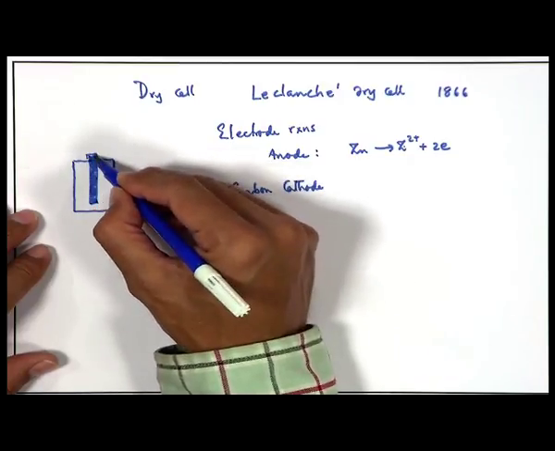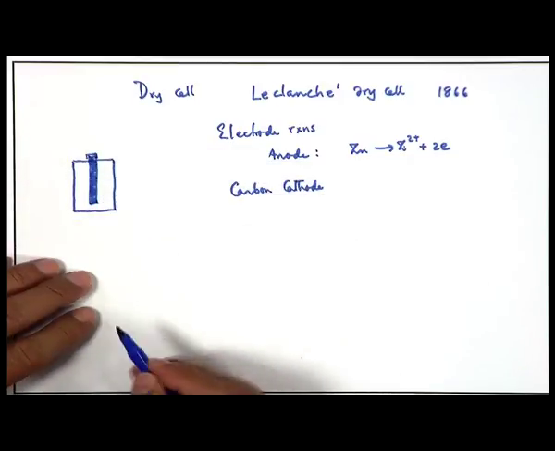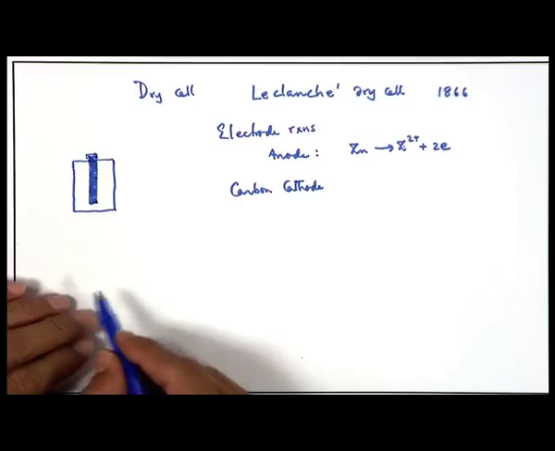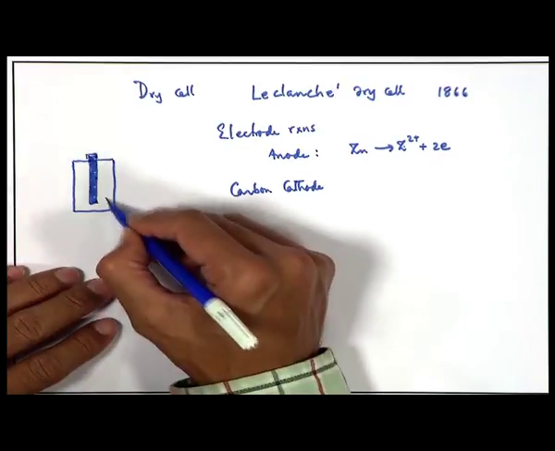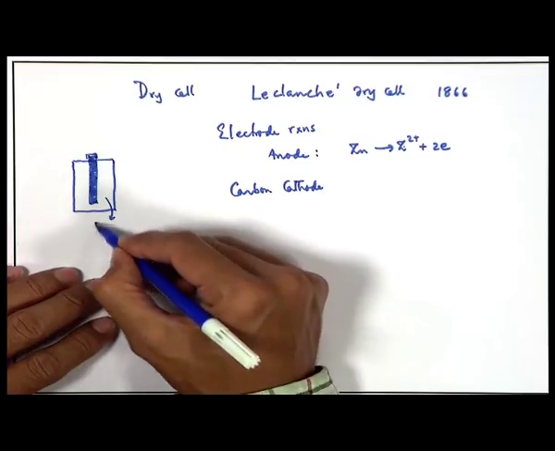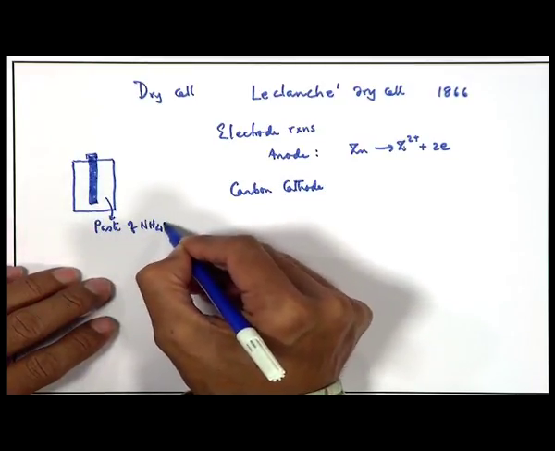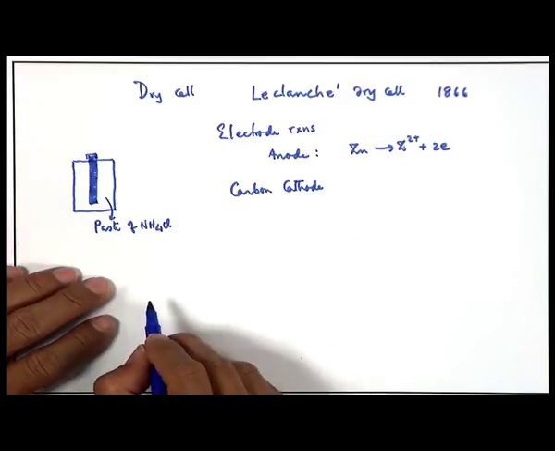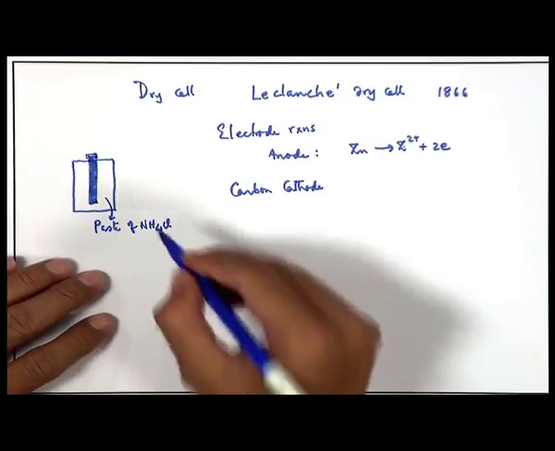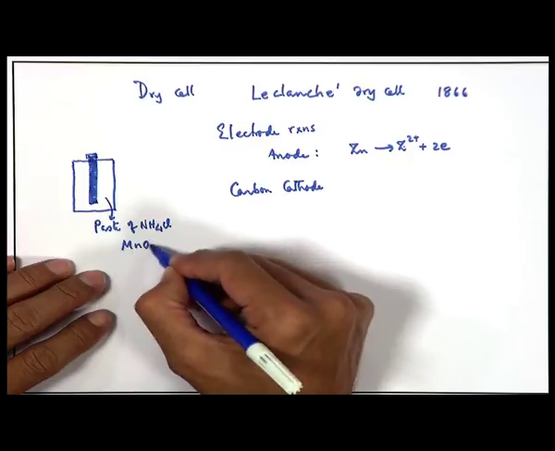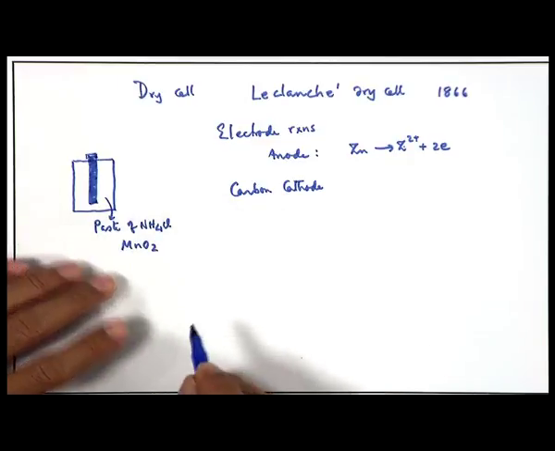That makes the electrical connection. Here you have a paste of NH4Cl, and you have MnO2, manganese dioxide, also there.